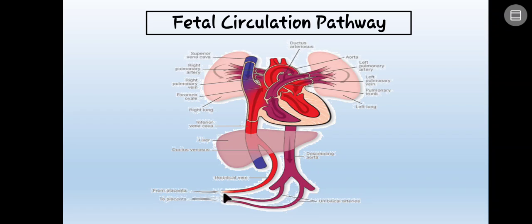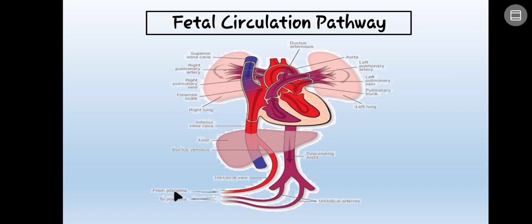What you have to remember is that unlike the adult circulation, which begins with deoxygenated blood coming from the various parts of the body, the fetal circulation begins with oxygenated blood coming from the mother's circulatory system.